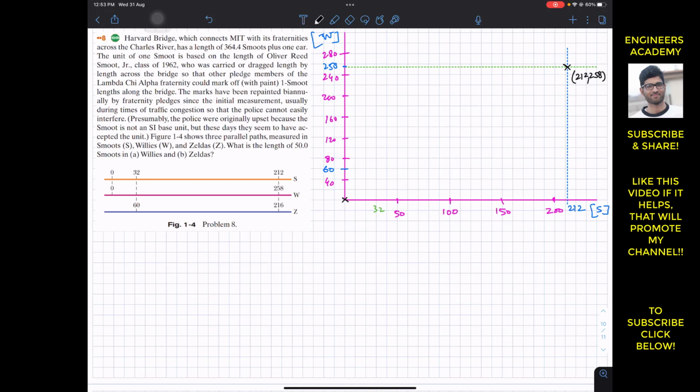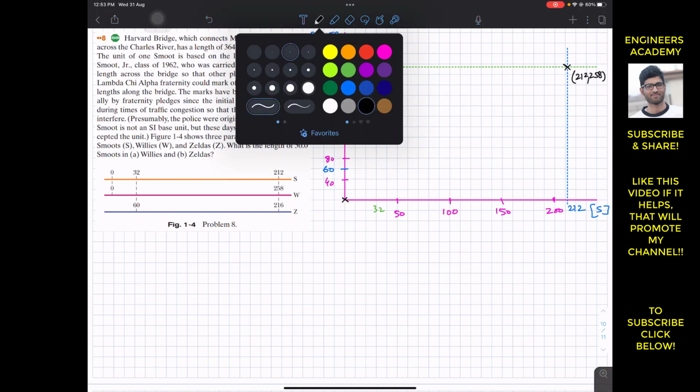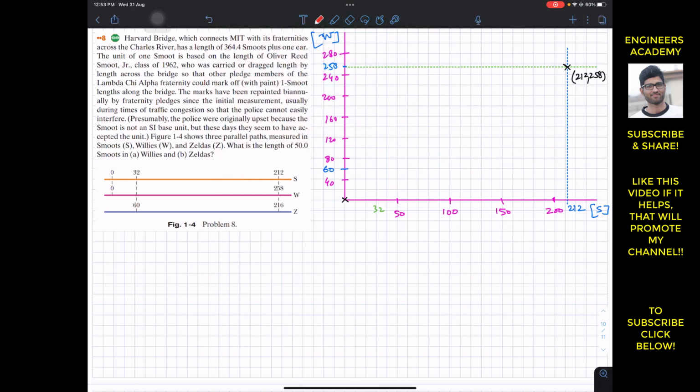So we will join these two points, this final point with that initial point. This will be the straight line which represents the Willies against the Smoots.